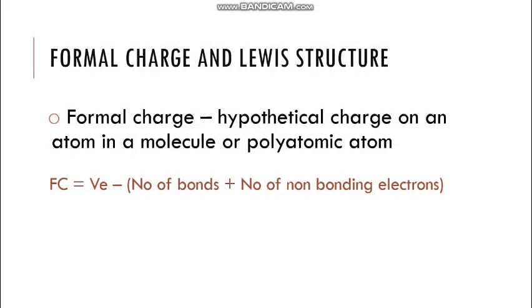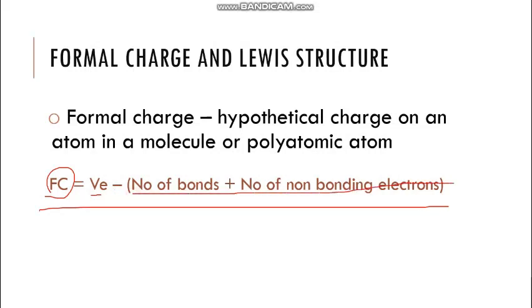Okay? So, we have here the formula to find out the formal charge of an atom. We have valence electrons minus the sum of the number of bonds plus the number of non-bonding electrons. So, meron akong example.